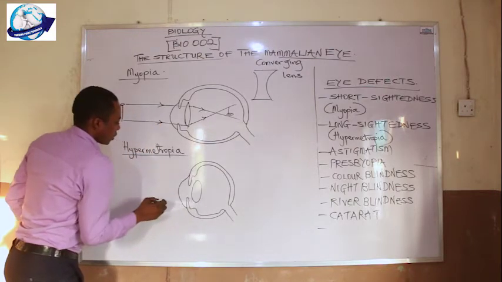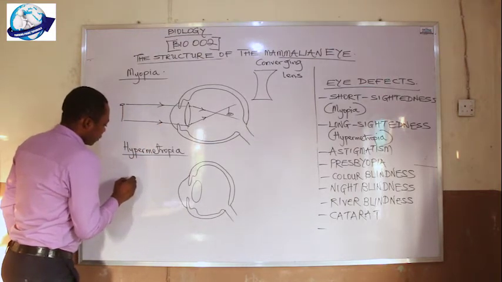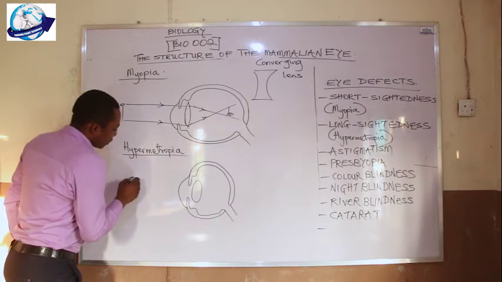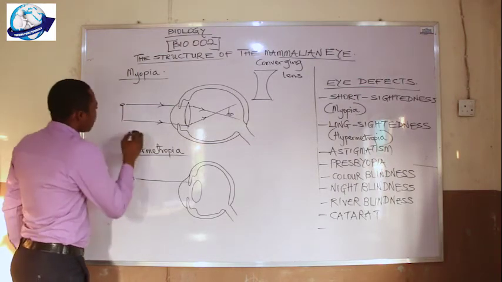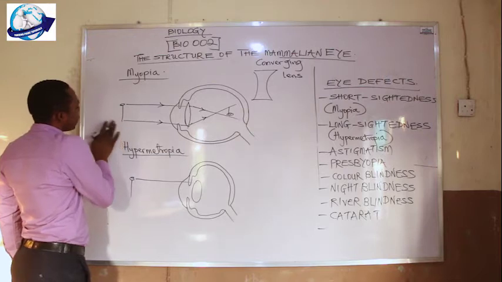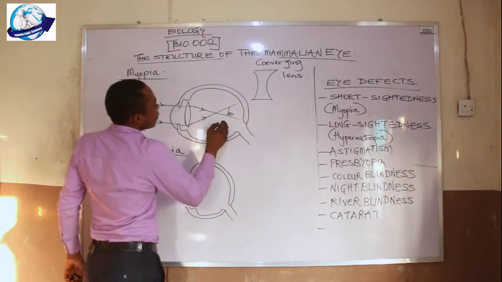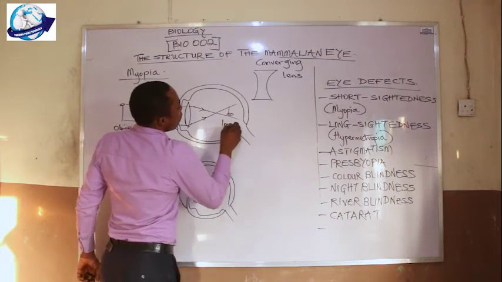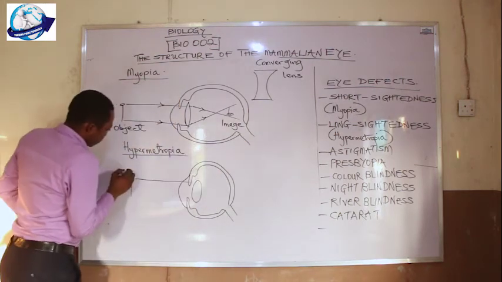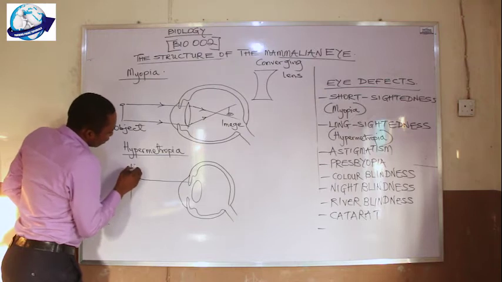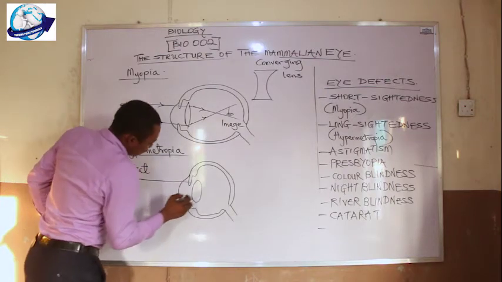There's the lens, and this is the object, and there's the image.